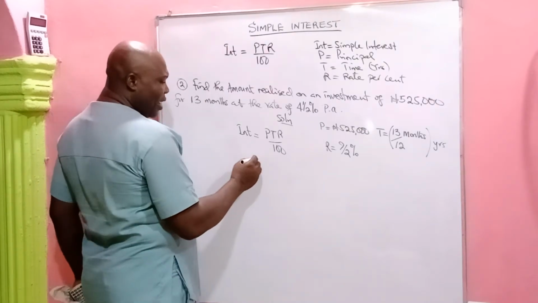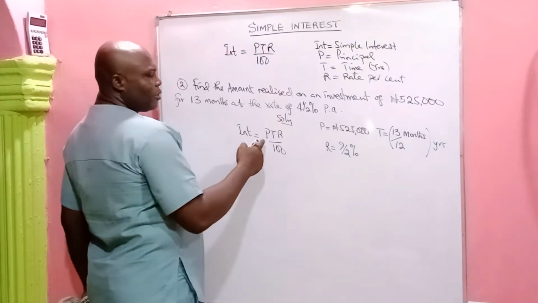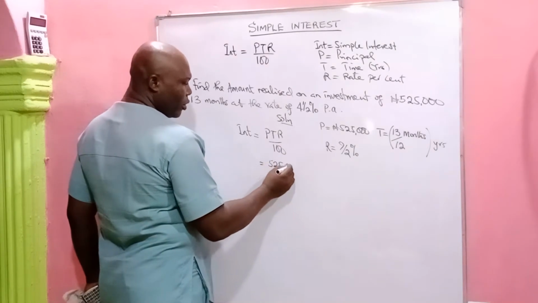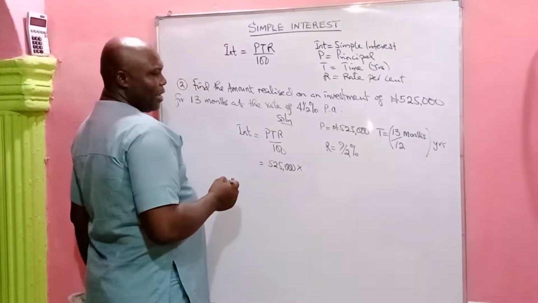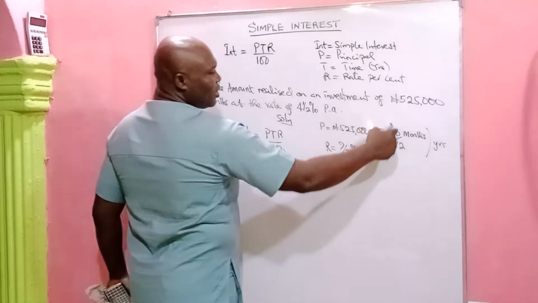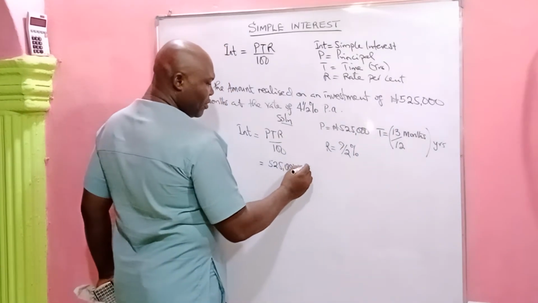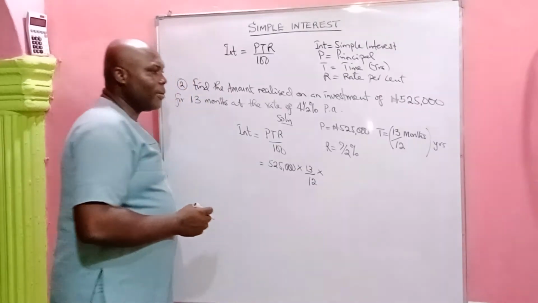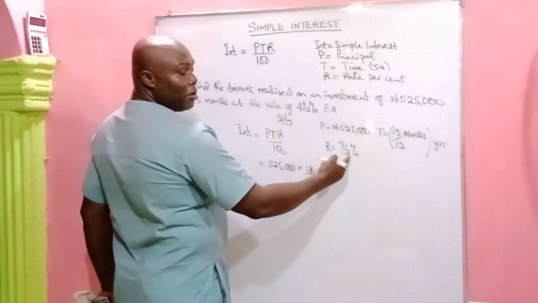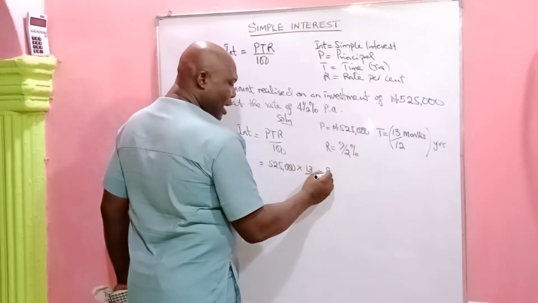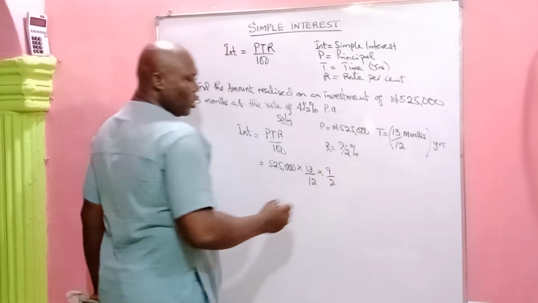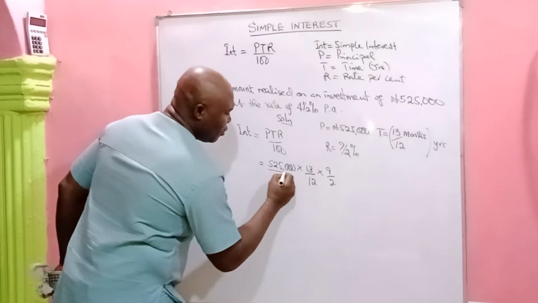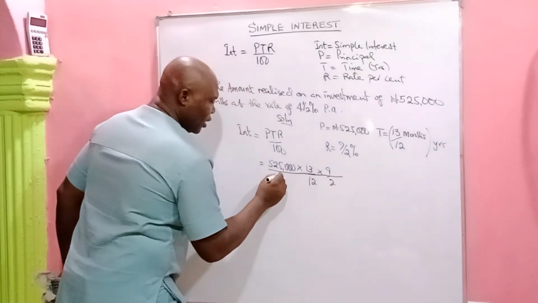To find the interest, the principal is 525,000 times the time, which is 13/12, times the rate, 9/2, all over 100.